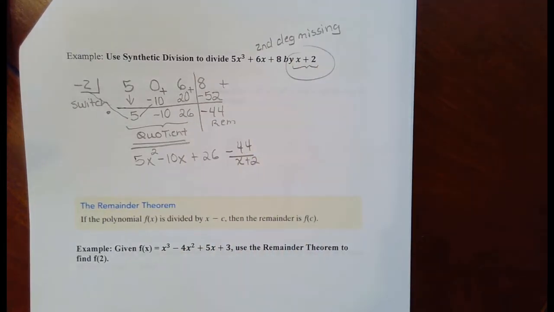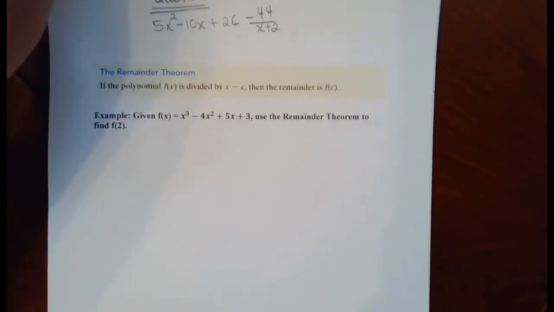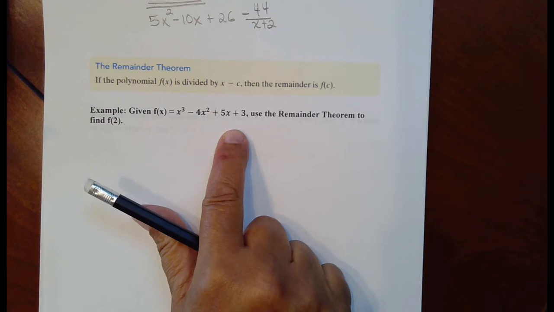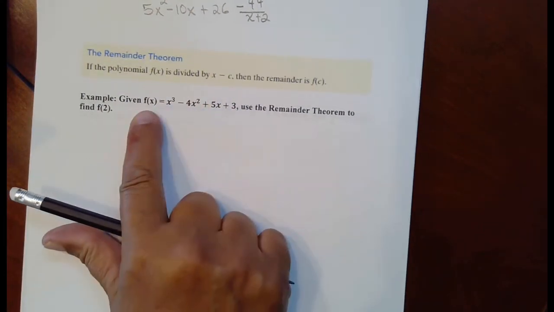You can do that easily enough in your calculator, but this remainder theorem says that if you do division, and if we divide this by x minus 2, then we are actually evaluating the polynomial at positive 2.